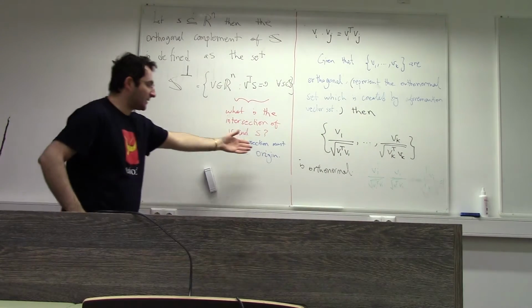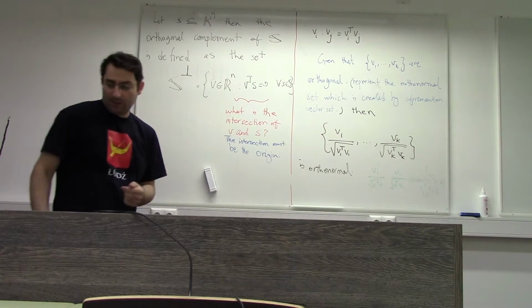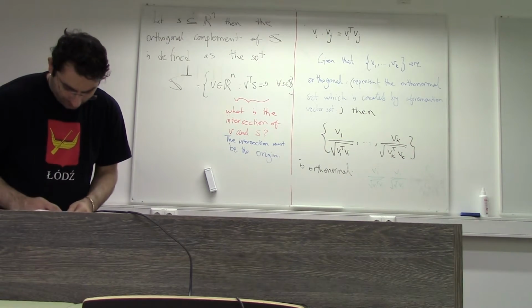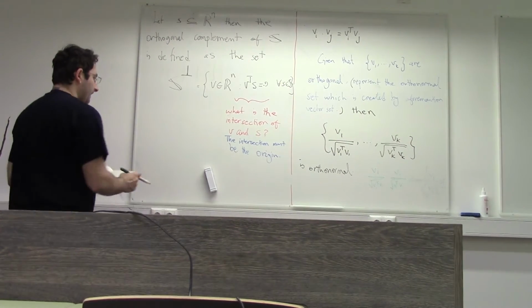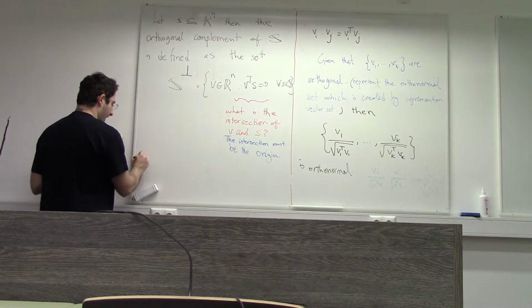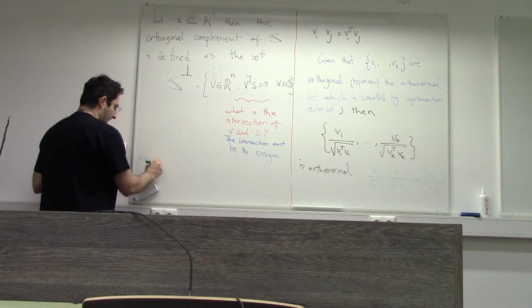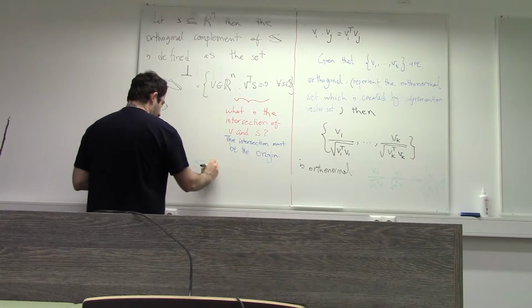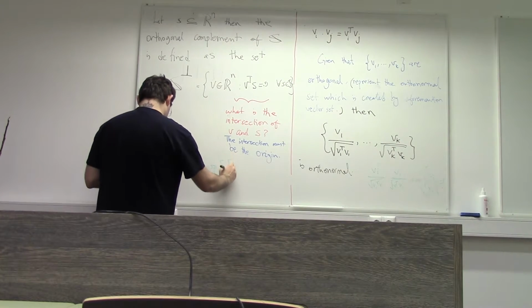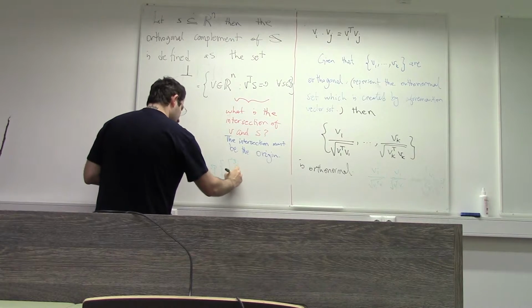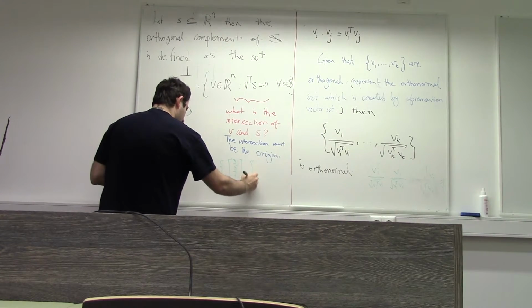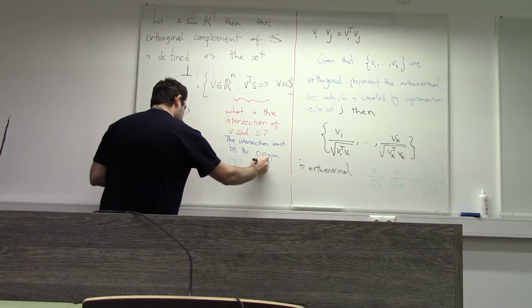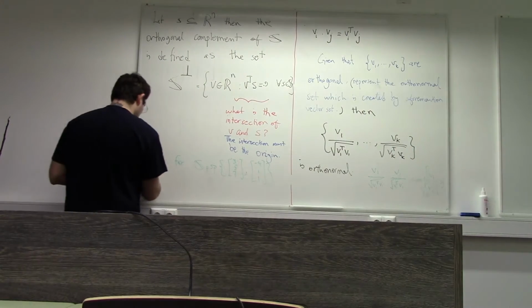Non-trivial means that we are excluding the origin, so we can find it. So let's do an example. For 3, 5, 7 and minus 4, 1, 1, find the orthogonal complement.